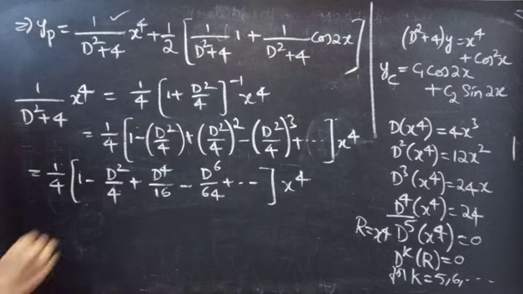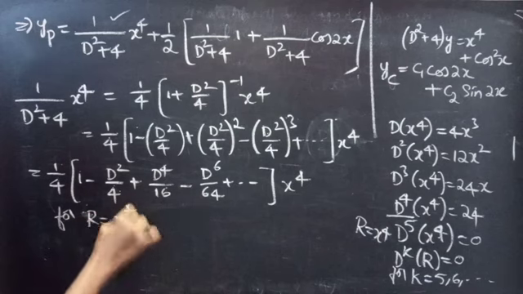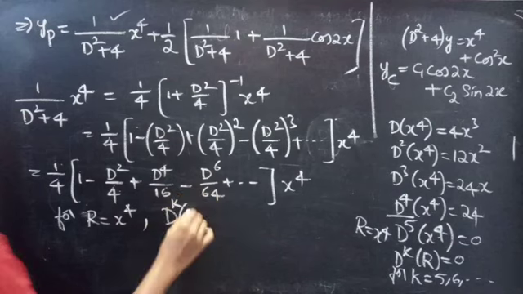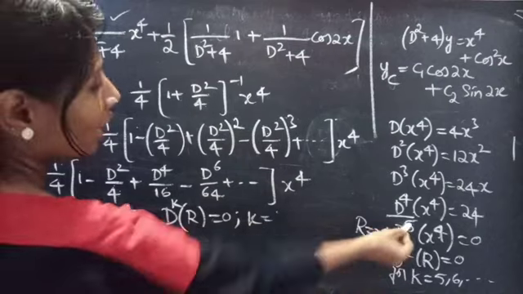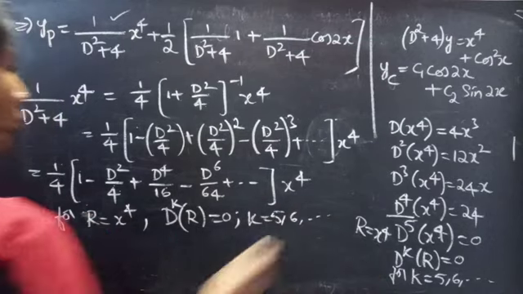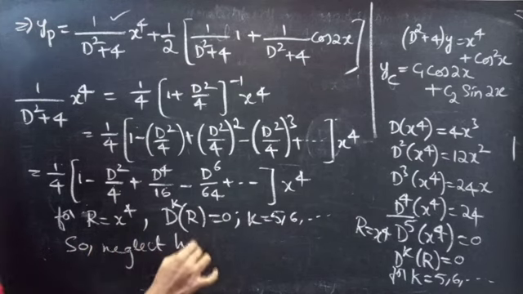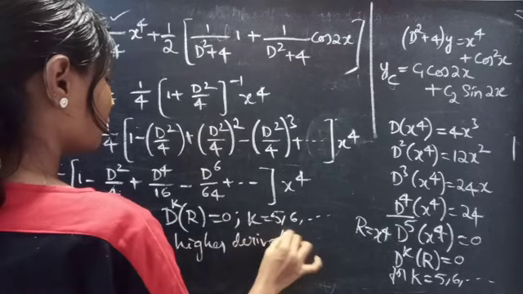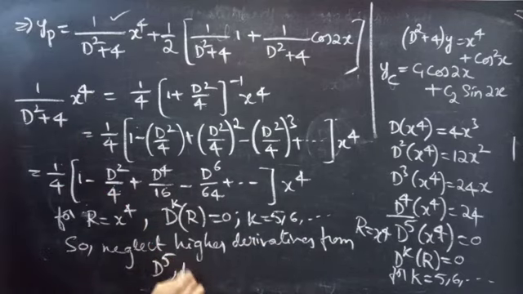Right? For r equals x power 4, the derivative, or D power k of r, is 0 for k equals 5, 6 and so on. So neglect higher derivatives from D power 5, D power 6 and so on, right?